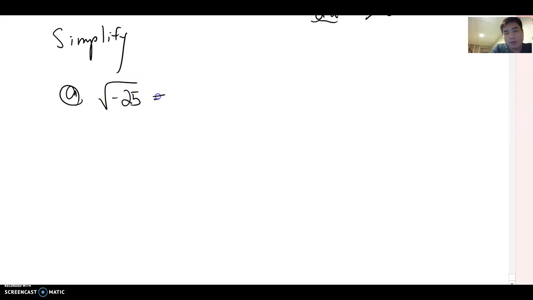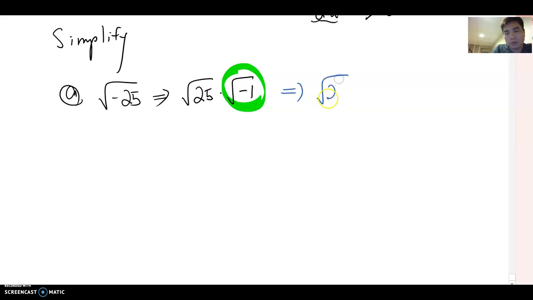We can rewrite this as root 25 times root negative 1, and we confirm that this means i, right? So this becomes root 25 times i. Since root 25 becomes 5, this answer becomes 5i.